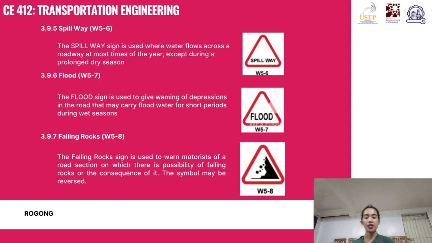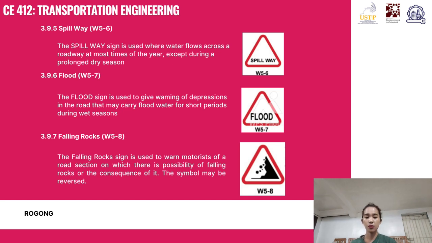Next slide, we have W5-7, which indicates flood, used to warn of flood-prone areas that collect water during the wet season. For the next sign, we have W5-8, or falling rocks.